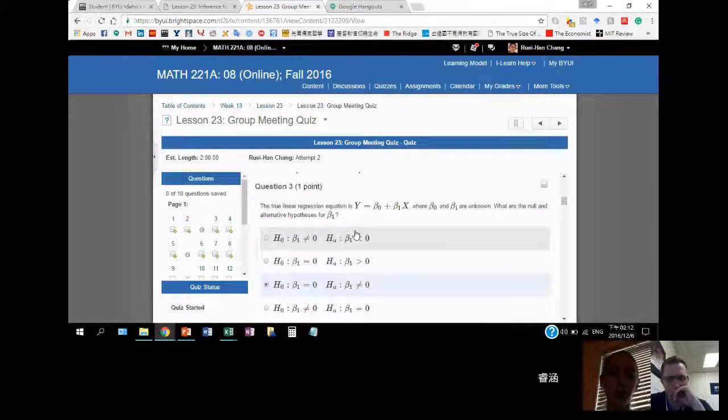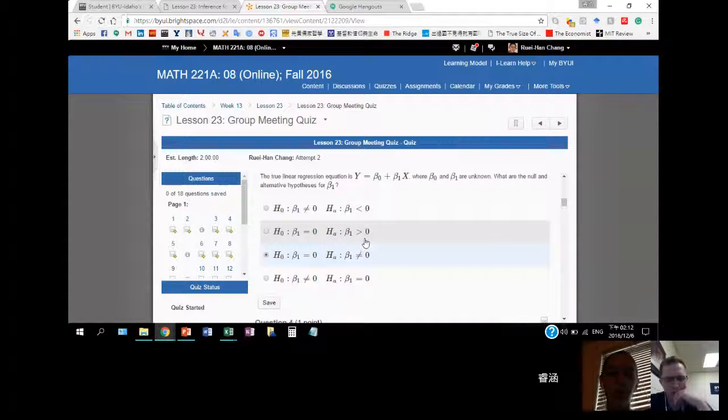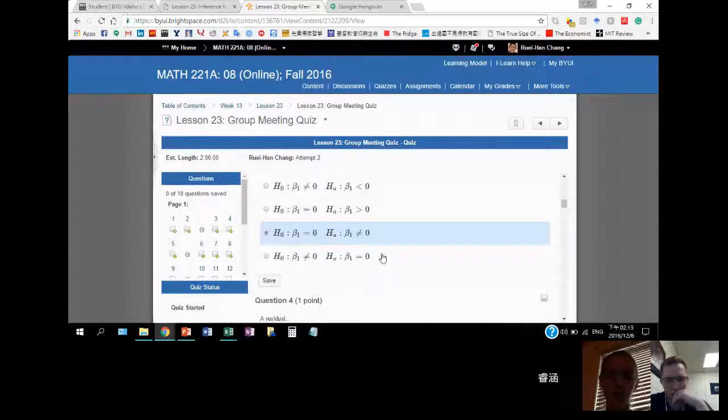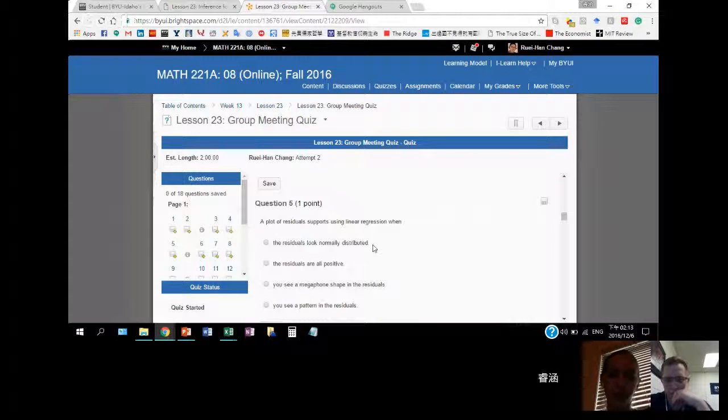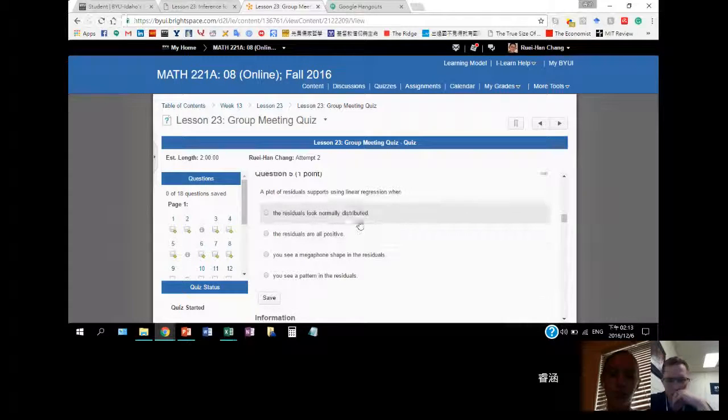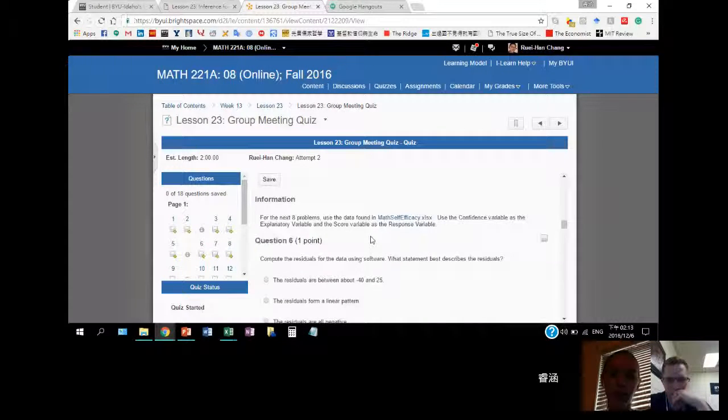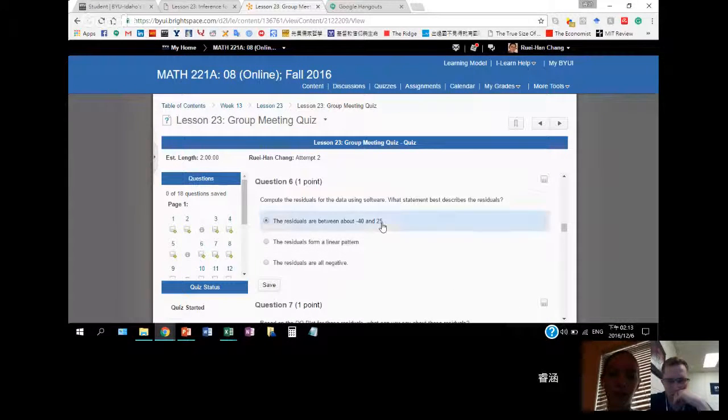Question 4 is also C. Question 3 is the null hypothesis equals 0, and the alternative hypothesis does not equal 0. That's the third one. Question 4 is also the third one. Question 5 is the first one. 6 is also the first one.